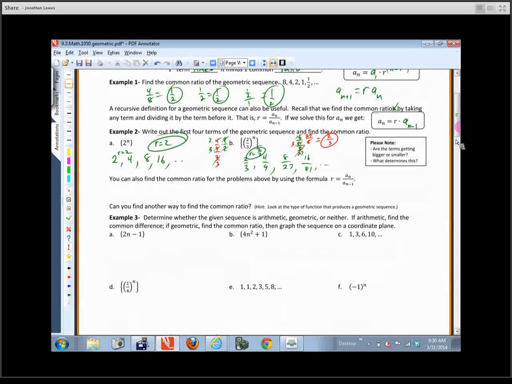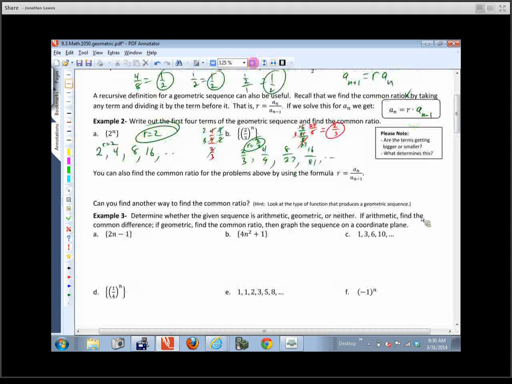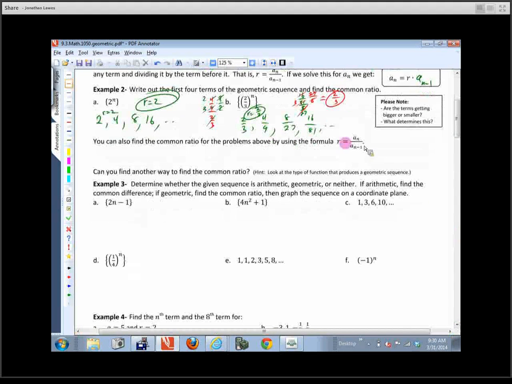Okay, I do want to show you one more thing that's kind of interesting, and it's a good exercise in working with exponents. So you can actually use that formula right here: take the nth one and divide it by the one before it. Now this is going to look a little bit strange. If I do 2 to the n and I divide it by 2 to the n minus 1. Now we don't often work with stuff like this, okay, but here's what I'm going to do.